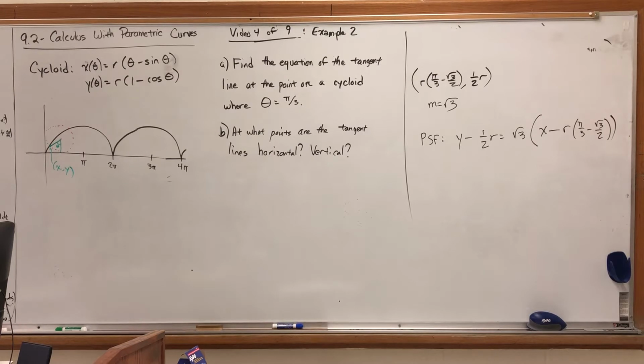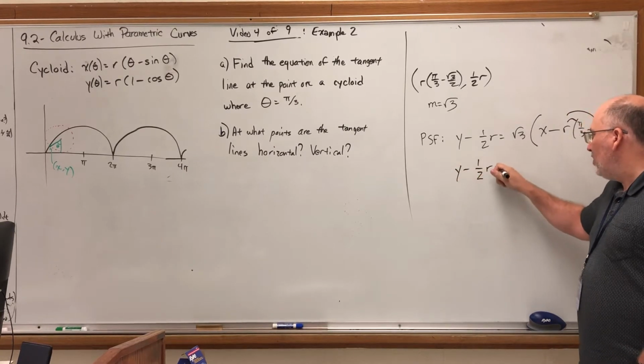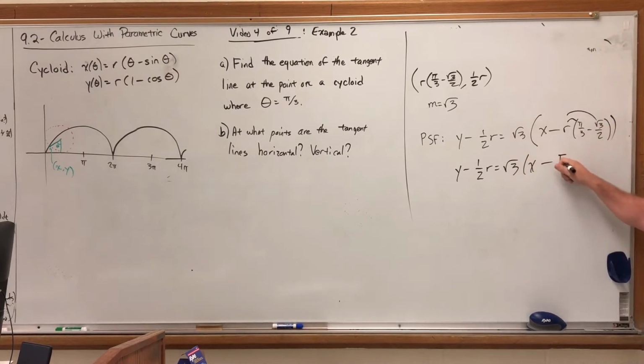At this point, I'm wondering if there's really anything we can do to clean this up. I guess we could maybe get it in slope-intercept form, but in order to do that, we need to bust open all these parentheses. So we'll start by distributing the negative r. Y minus 1/2 r equals the square root of 3 times x minus pi over 3 times r, plus square root of 3 over 2 times r. Okay?